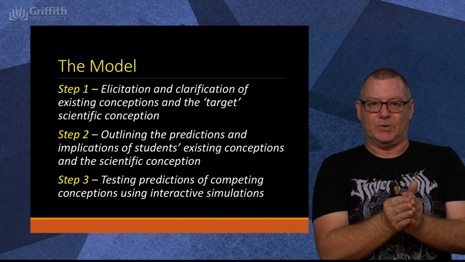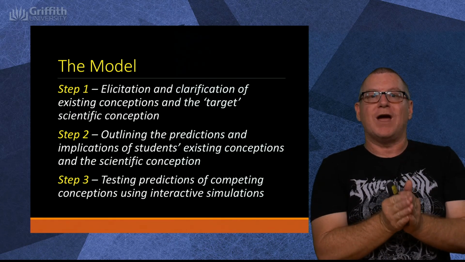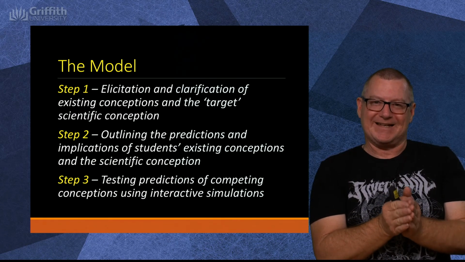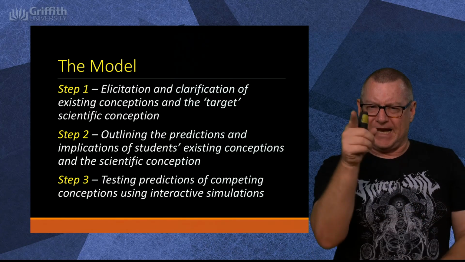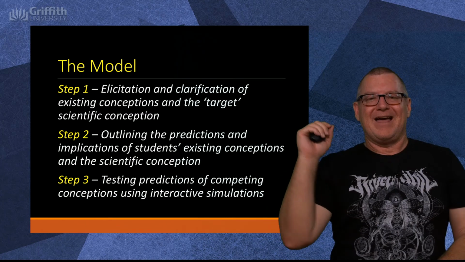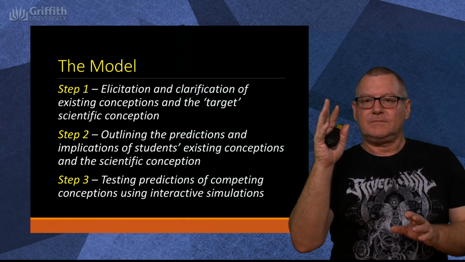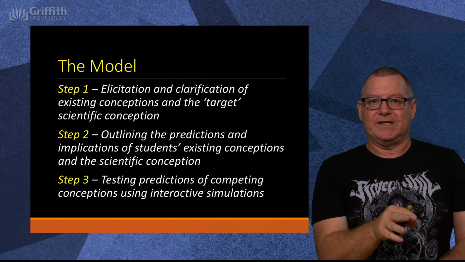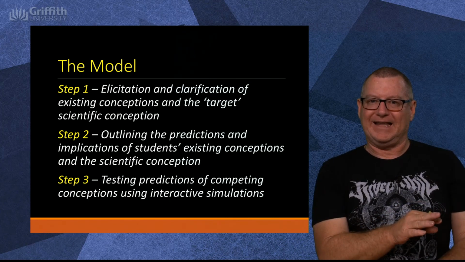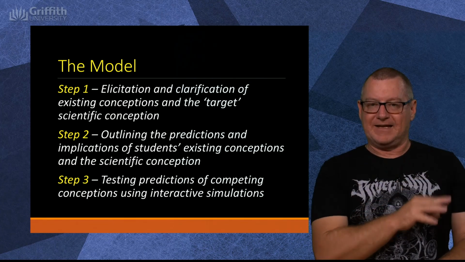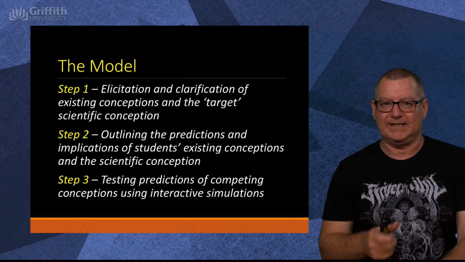You want all the students to adopt the scientific concept. So you're trying to effectively destroy all the non-scientific concepts with the experiment, but you're not doing it by your authority, just saying you're wrong, you're wrong. You're going, okay, the evidence shows that the scientific explanation explains everything correctly, and that these other candidate explanations don't explain our experience of the world correctly.